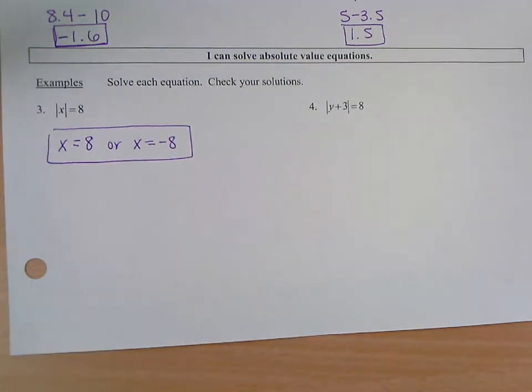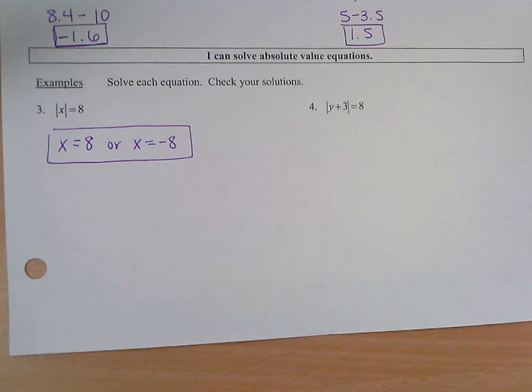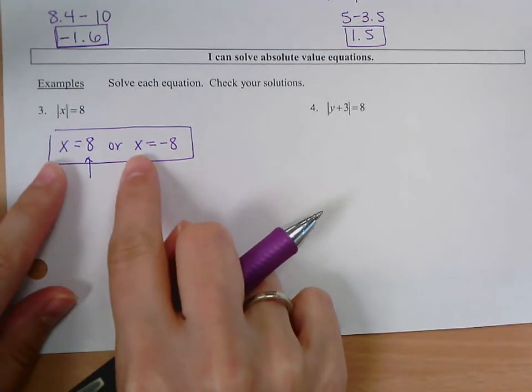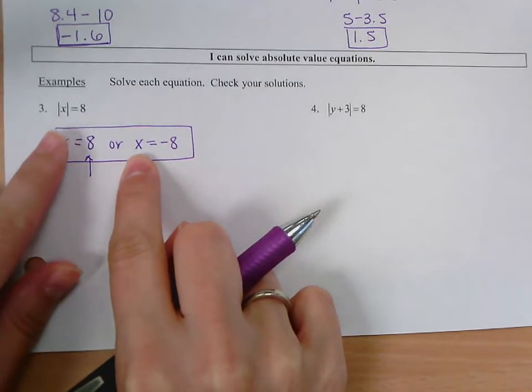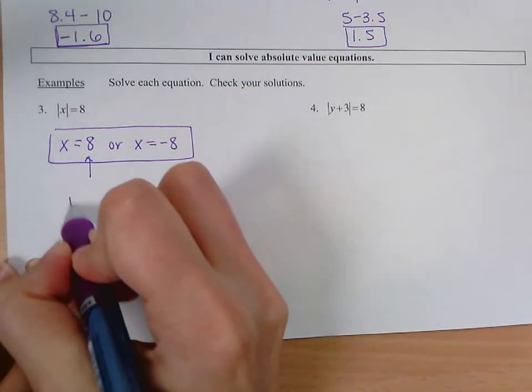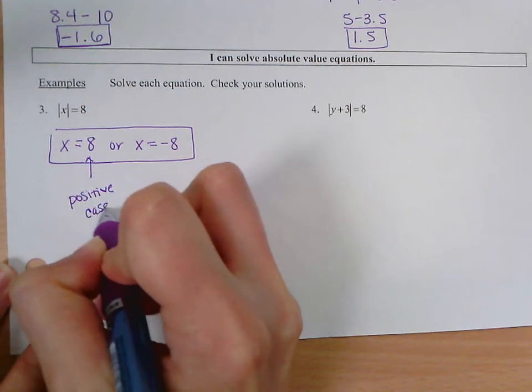So what I want you to notice here, the 2 cases that I'm going to refer to here are actually the 2 answers. But notice you take what's in the absolute value bars. In this problem, it was just x. And you have a positive case. I'm writing positive case, not positive answer.